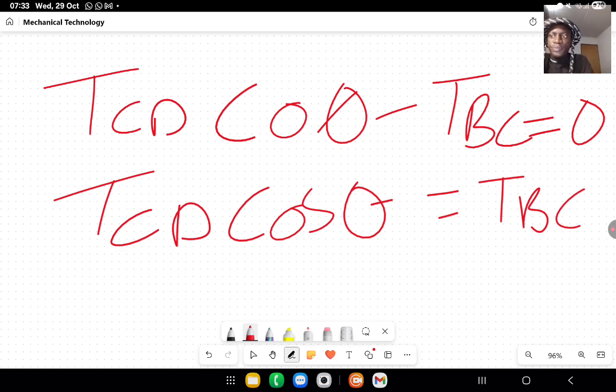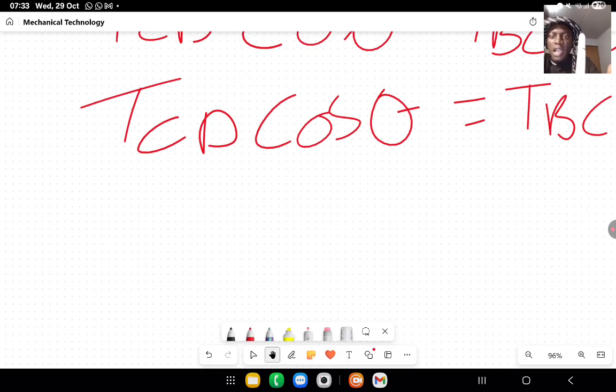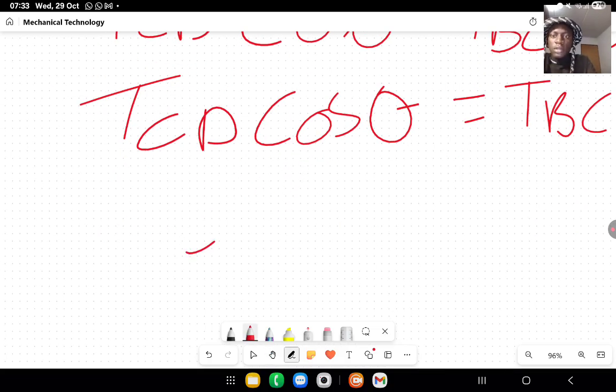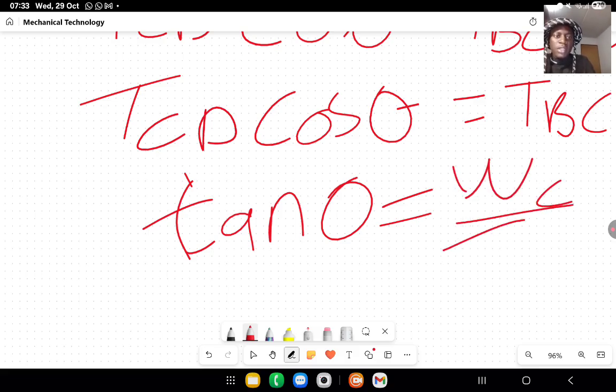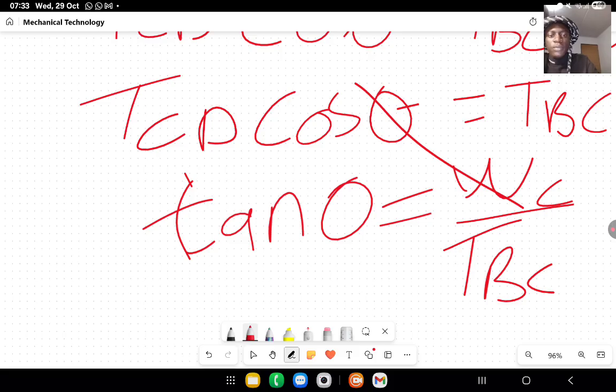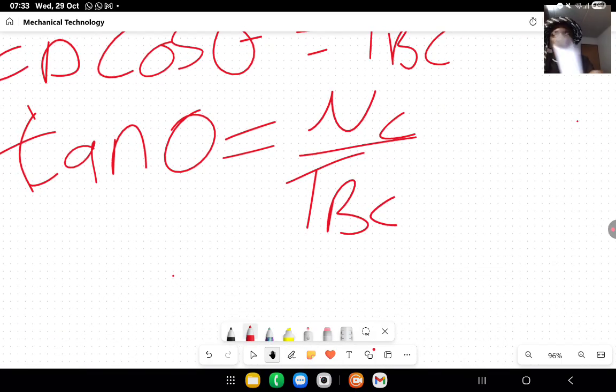Then we substitute. We get our theta is going to be tan angle is equals to WC divided by TBC. Then we have WC. What is WC?